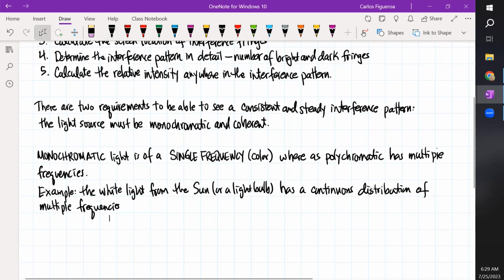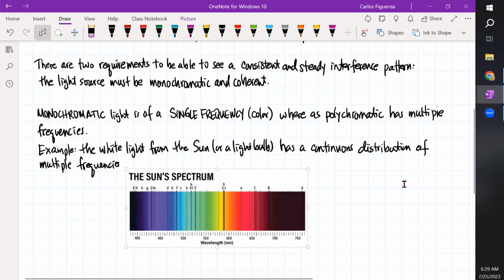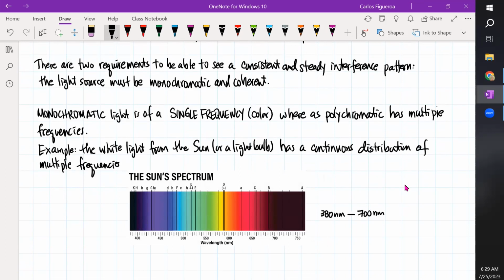And if we just look at the sun spectrum, for example, let me show you this image. Here's an image of the sun spectrum, and you could see that its range goes from around 380 nanometers to around 700 nanometers.